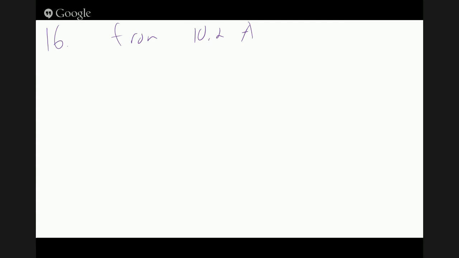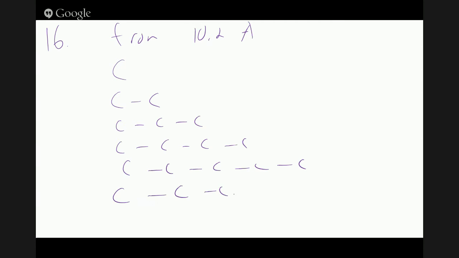First question says, state and explain the trend in the boiling points of the first 6 alkanes involving straight chains. So when it says straight chains, no branching. So we're looking at those 6 alkanes: methane, ethane, propane, butane, pentane, hexane. Those are the 6 alkanes we're talking about.